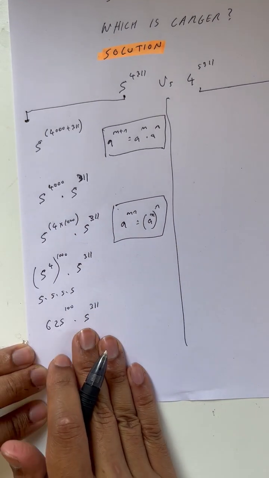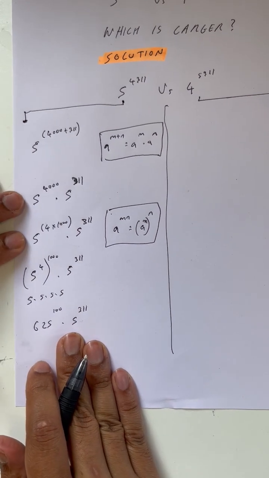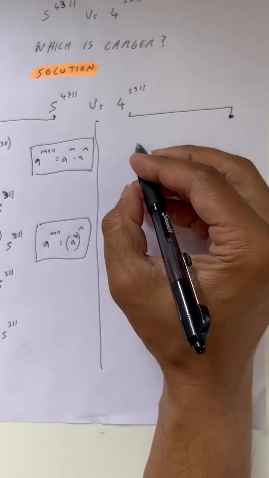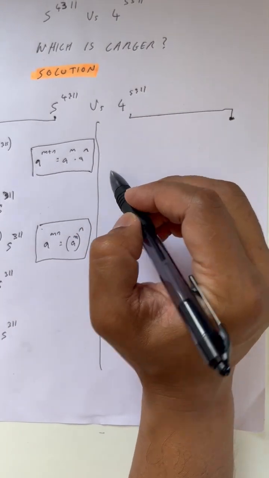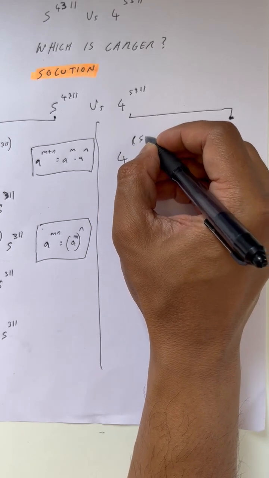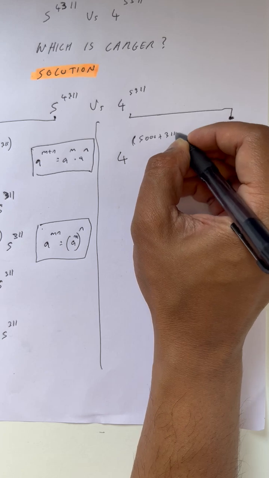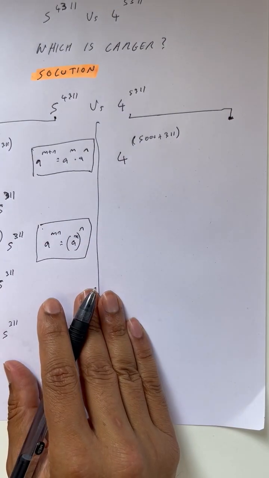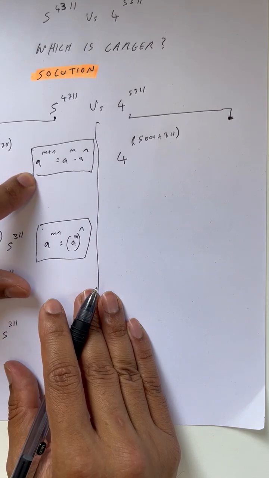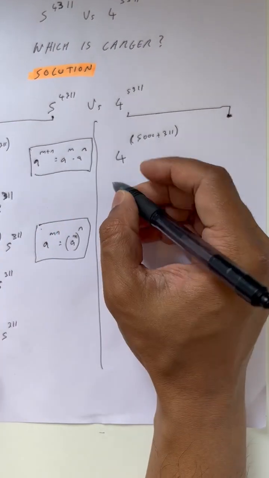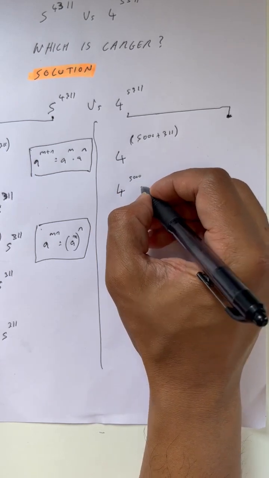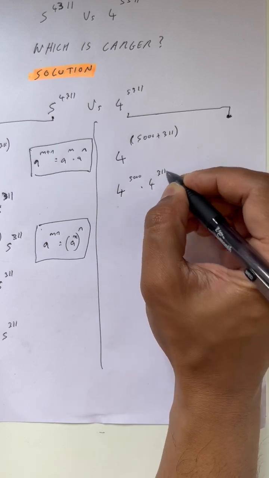Good. We'll stop here and then we will apply the same evaluation principles on the right hand side. So we can re-express this as 4 to the power of, open bracket, 5,000 plus 311. Using the same rule as we applied here, we can re-express this as 4 to the power of 5,000 times 4 to the power of 311.